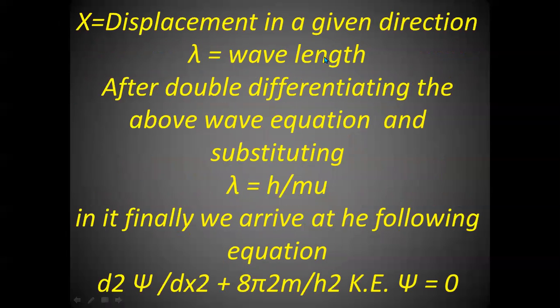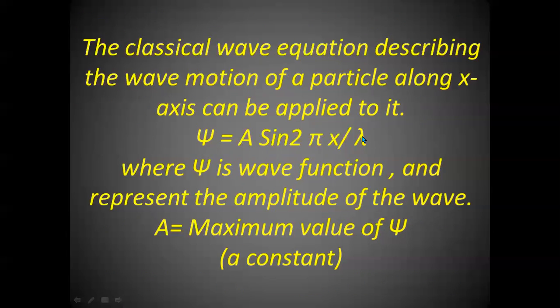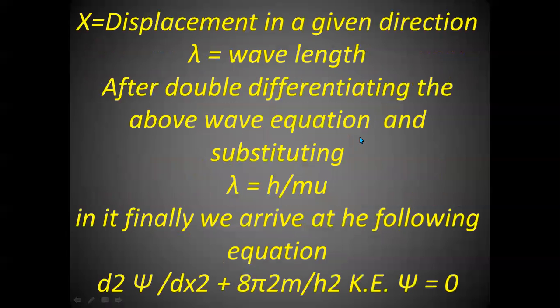Now we have to differentiate the above equation again, which means double differentiation. After double differentiating the above equation, we have lambda, and for lambda we will substitute h by mu. This is momentum, h by p, written here in the form of h by mu.